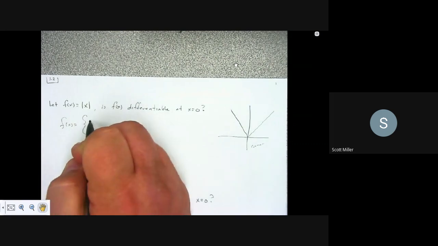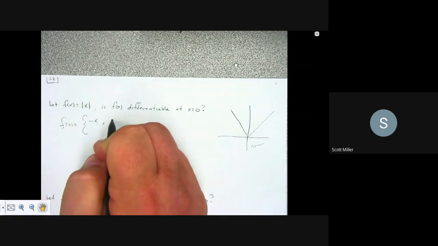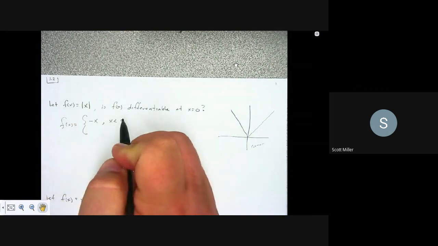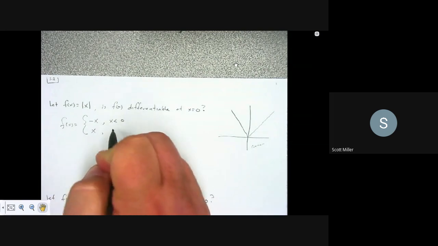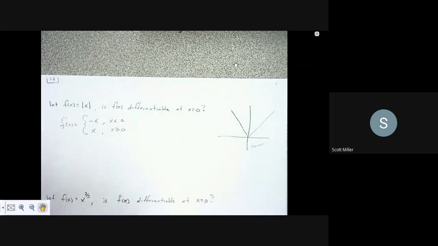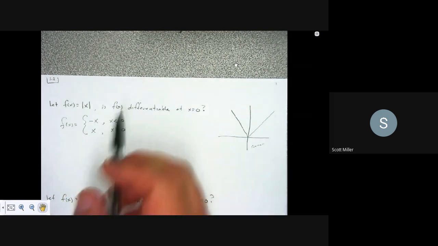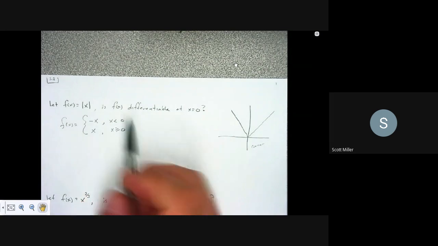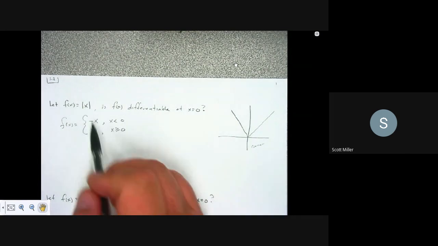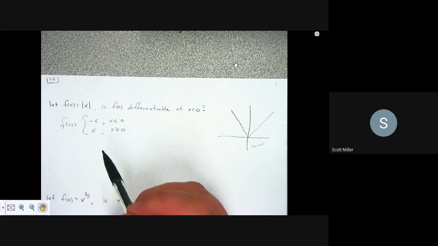It is negative x whenever x is less than 0, and it is equal to x whenever x is greater than or equal to 0. So that is the piecewise form of an absolute value function.